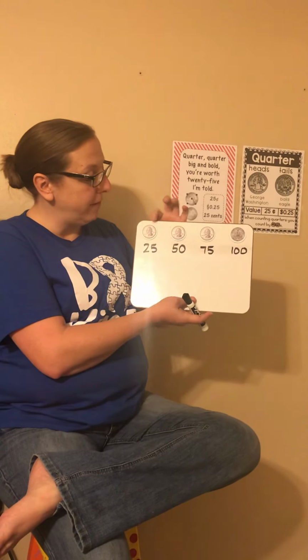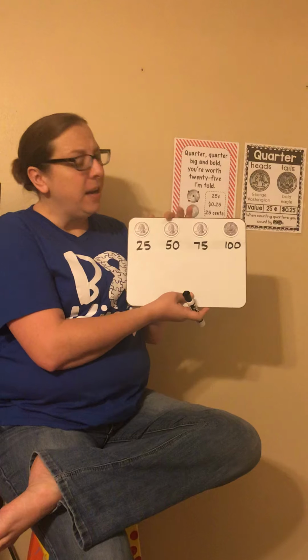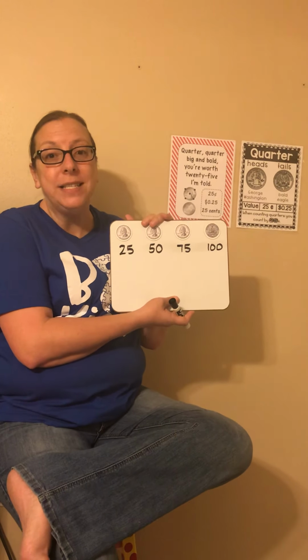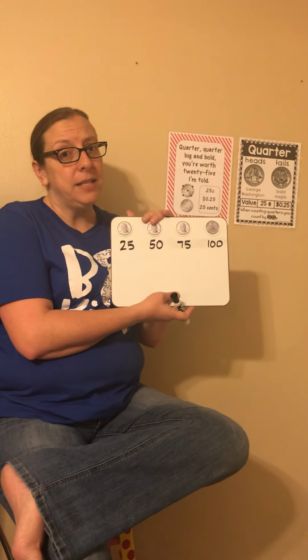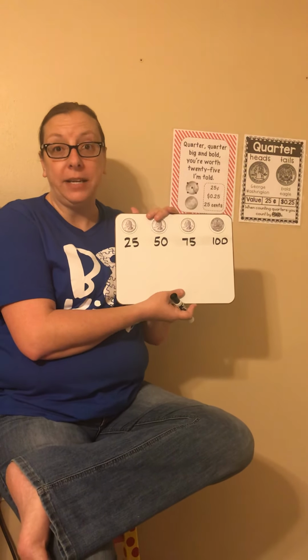So here I have my 4 quarters make a dollar. So 1 quarter would be 1/4 of that. It's kind of like our fractions. Now counting quarters can be a little tricky because you're counting by 25s. So that's kind of hard to do. I had to practice a long time to learn how to count by 25s.